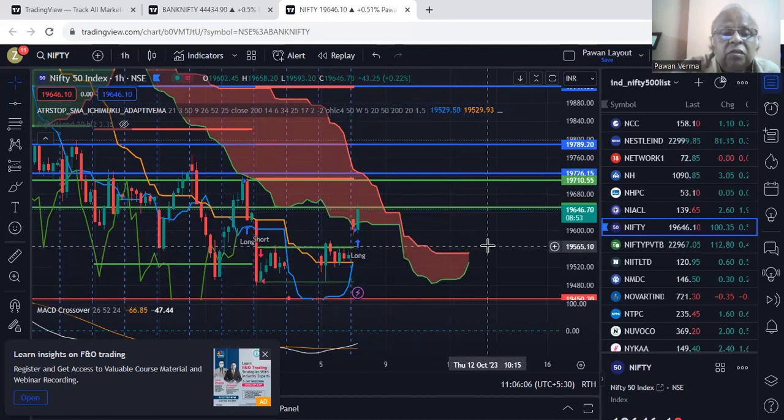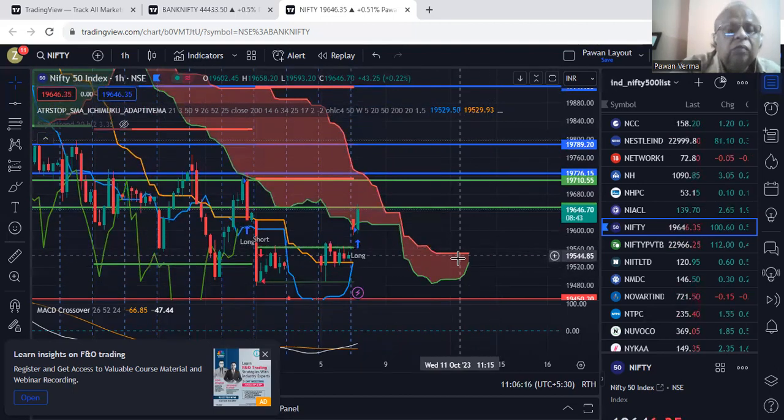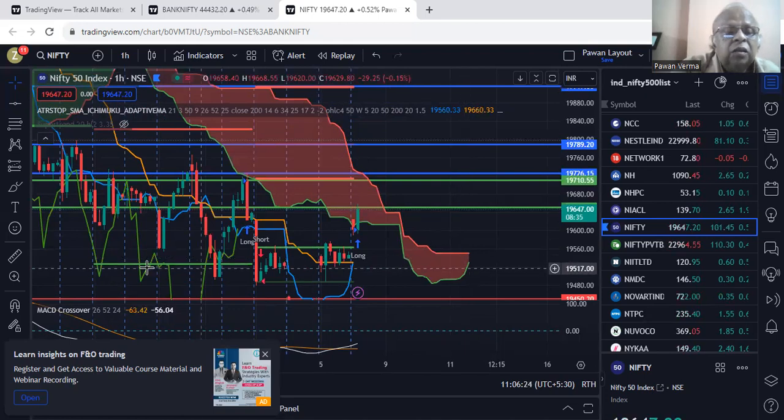The first stop loss is, see, this is the bottom of the Chikou Span. Just see here. We will take this as a stop loss.